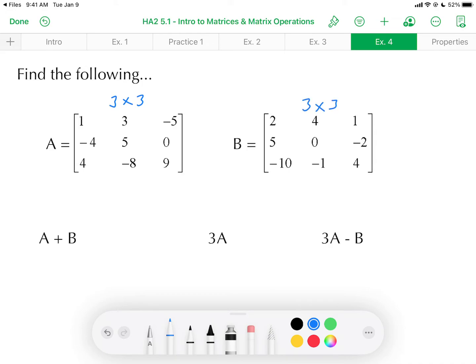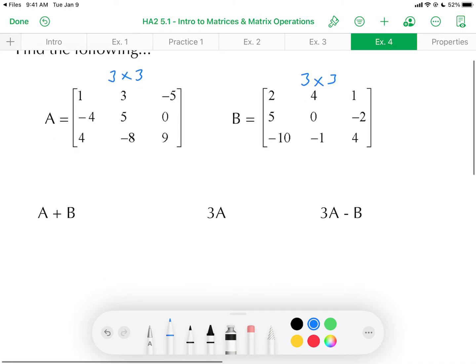Also 3 by 3. So the first thing we want to find is matrix A added with matrix B. The only way you would be able to add those two together is if they have the same dimensions, which they do. So if I take a 3 by 3 and add it with a 3 by 3, I'm going to get a 3 by 3.